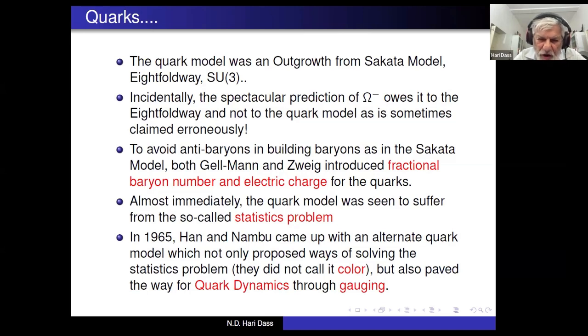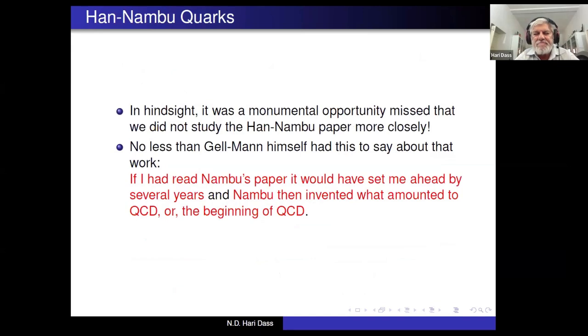Almost immediately, the quark model was seen to suffer from the so-called statistics problem. In 65, a year later, Hahn and Nambu came up with an alternate quark model, which not only proposed ways of solving the statistics problem, they did not call it color, but also paved the way for quark dynamics through what is now known as the gauging. Next slide, please.